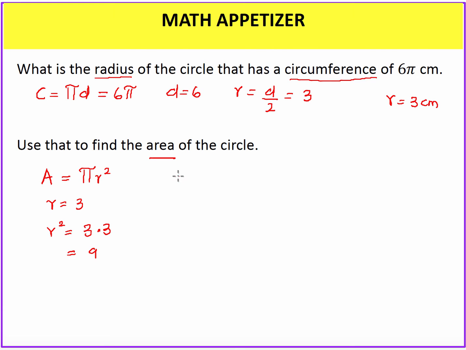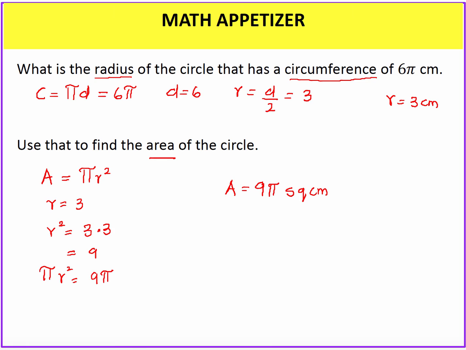And so pi r square must be 9 pi. So the area of this circle is 9 pi. And remember, the units is square centimeters, or you can write it as centimeters squared.